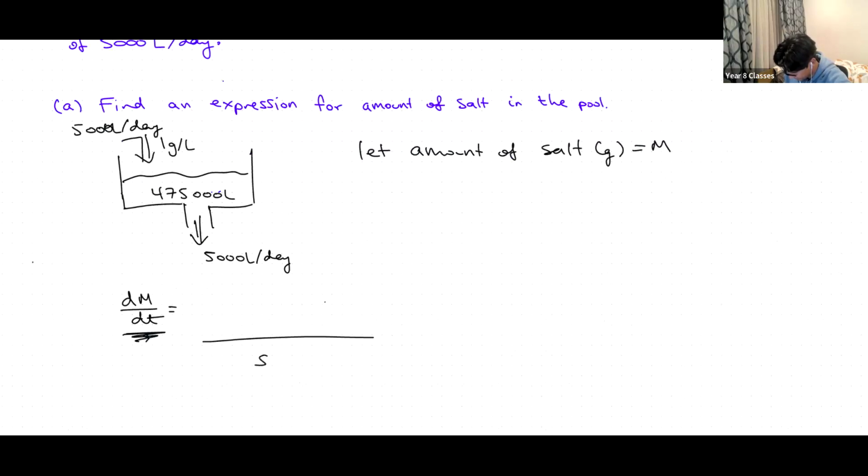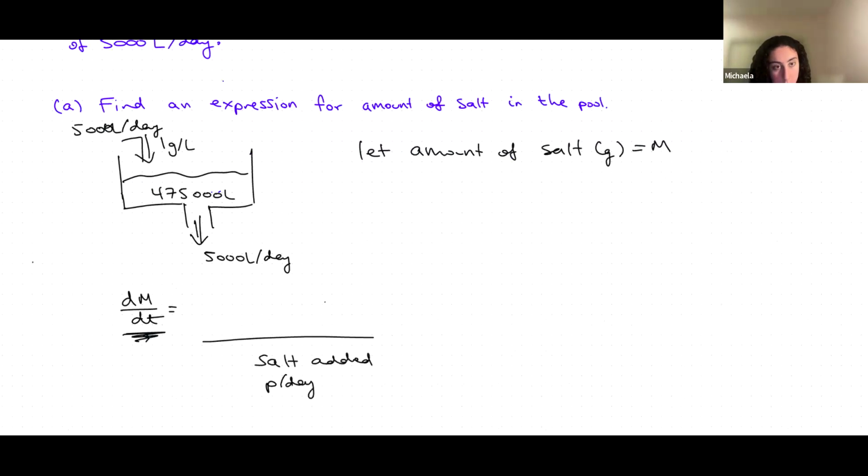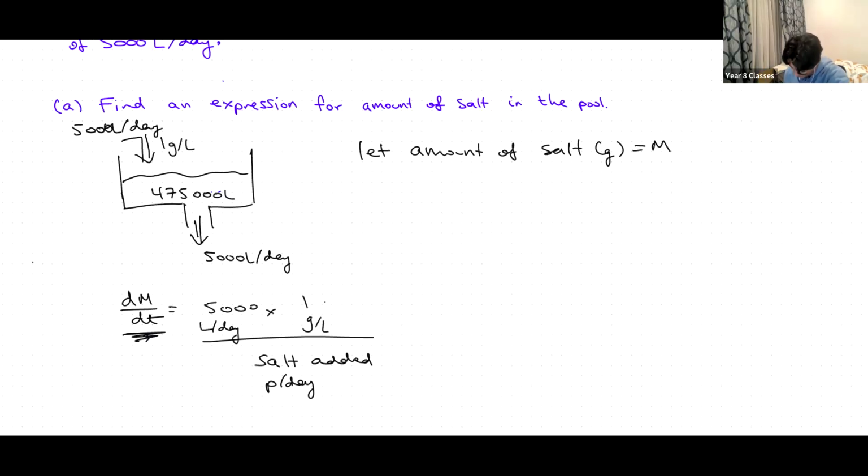It's 5,000 liters per day times 1 gram per liter, so we get a total of 5,000 grams.